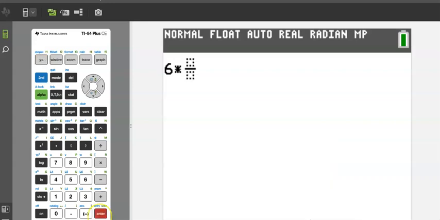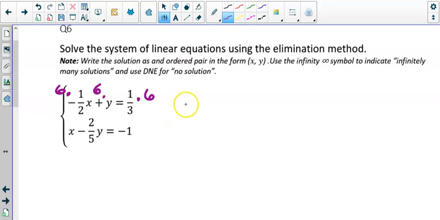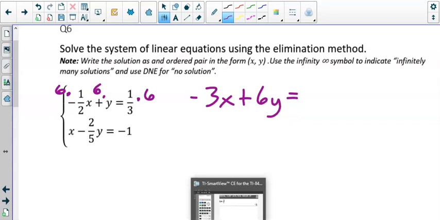So you hit enter, and then all we got to do is put in the -1/2. And what does that give us? So going back to our equation then here, we have -3x plus, what's 6 times y? 6y equals, well, what's 1/3 times 6?